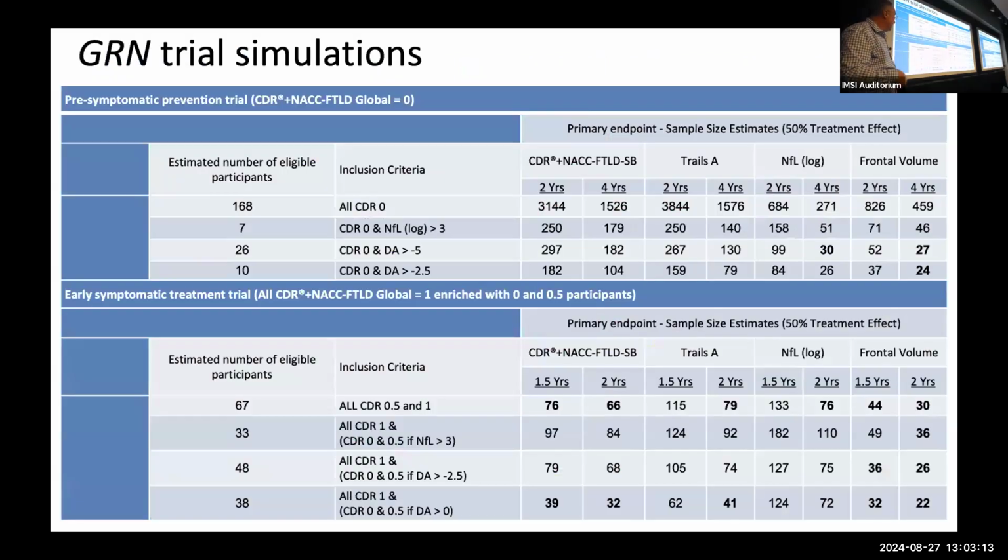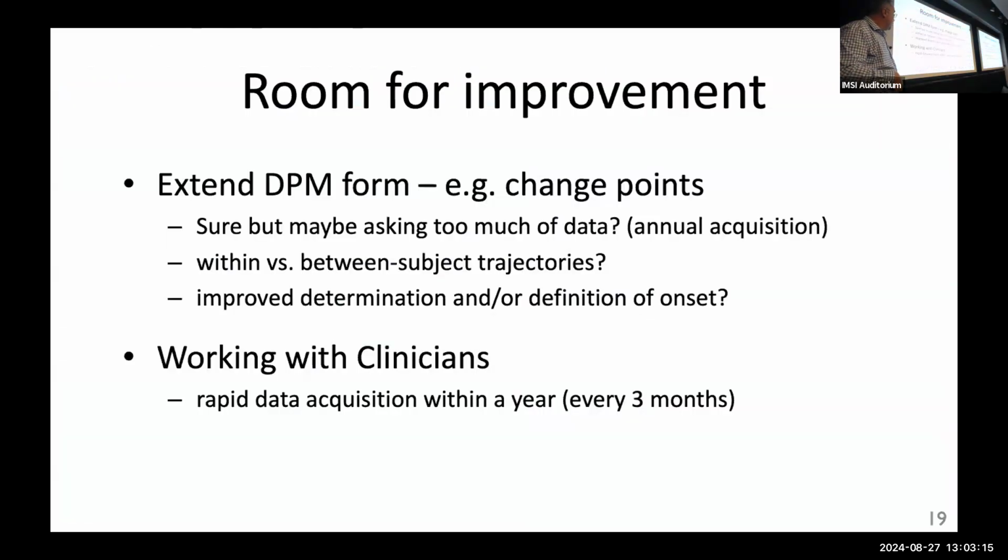We can come up with sample sizes, but I don't trust them because of this disease age thing, the age of onset. The model gets driven a lot by trajectories that we're not even really sure about. We rely on the model too much, so I have a lot of concerns. That's exactly 0 seconds there, so I'm going to walk away and pass it on to the next speaker.